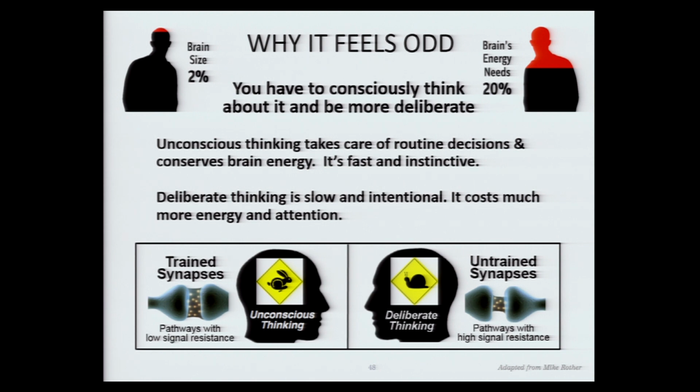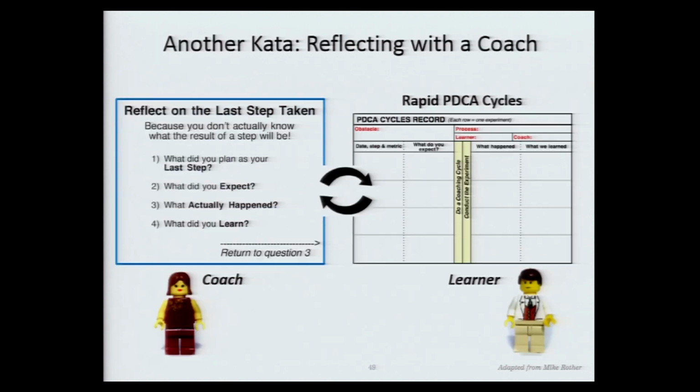And if you'd sat around doing it the slow way all the time, the tigers would eat you. So there's good reasons to act this way, but what it means is if we are going to learn to stop and think about what we learned every single time we make a change, we're probably going to need some practice. And this is where Mike Rother found people were using a kata, and he thinks this is probably the most important kata in the entire improvement kata, is reflecting with a coach.